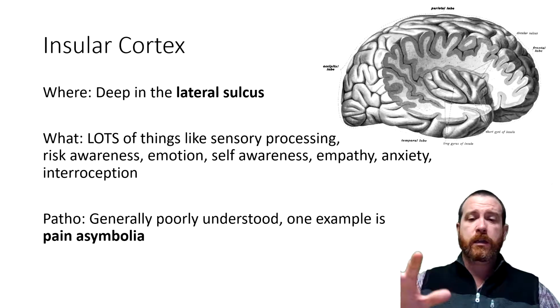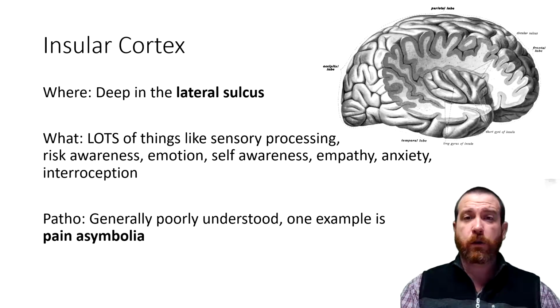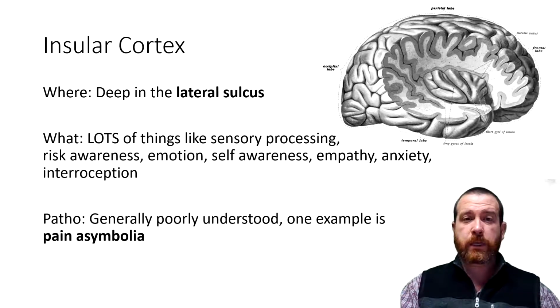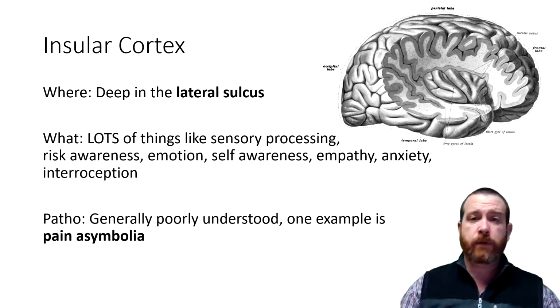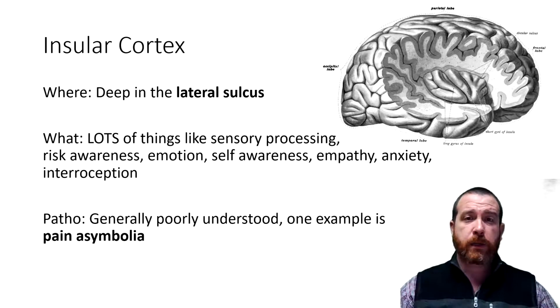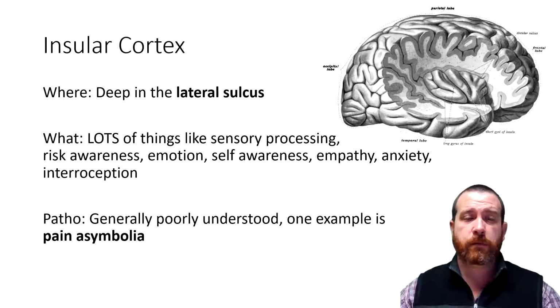You take their hand, put it on a hot pan, they can recognize that they are feeling the thing that's called pain, right? They recognize that it is a sensation called pain, but they're not linking pain with a negative emotion. They're not saying, ow, I need to stop this. This pain hurts. They're recognizing and feeling that pain, but they're not linking that up with the emotions that they should be thinking about, right?